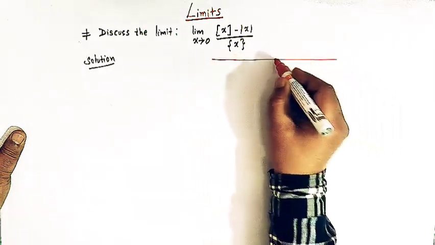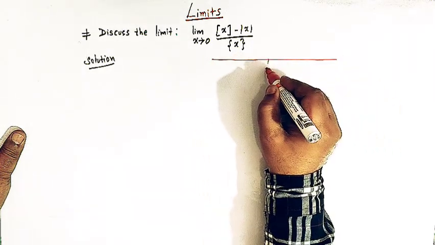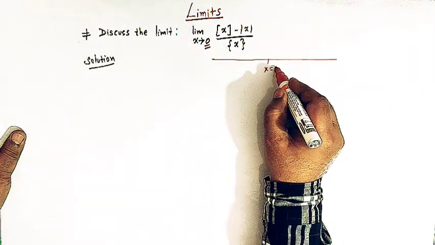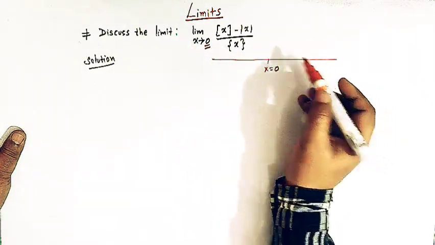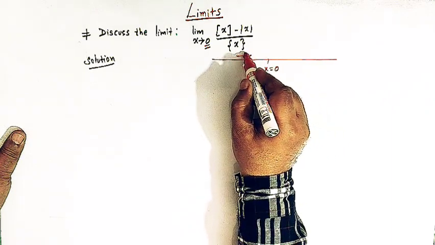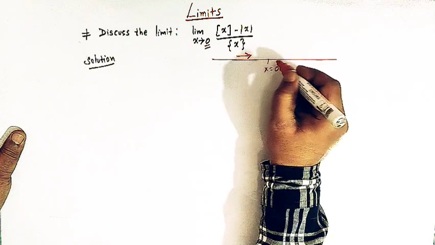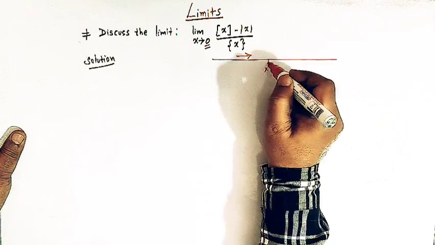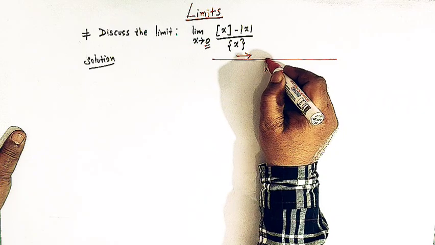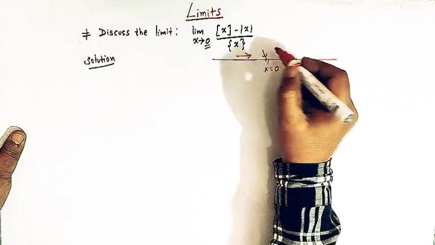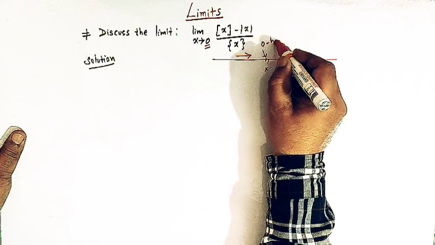So let us draw the real number line, and here we have the point x equal to 0. When we approach x equal to 0 from the left, we have a point in the left neighborhood of x equal to 0, and this point is 0 minus h.